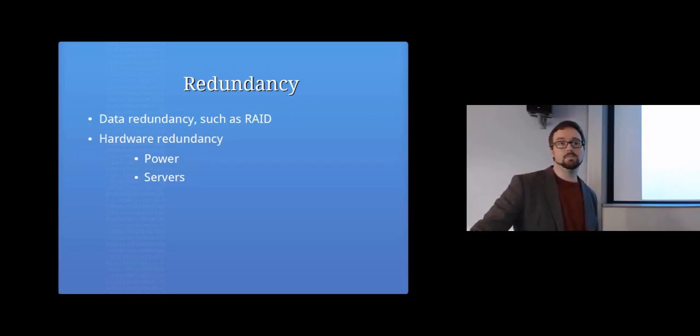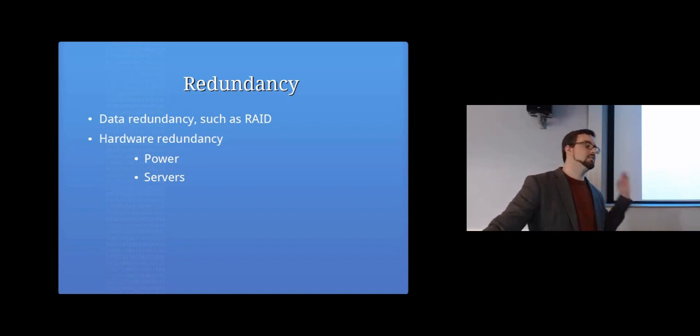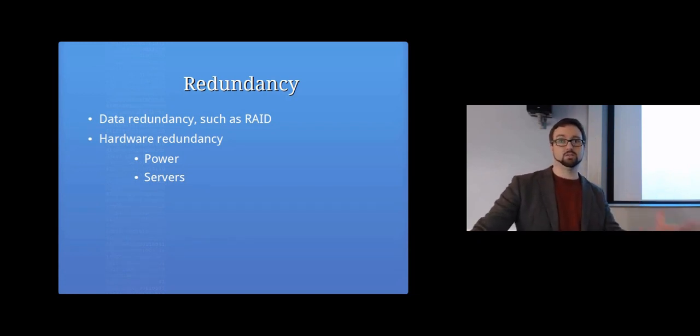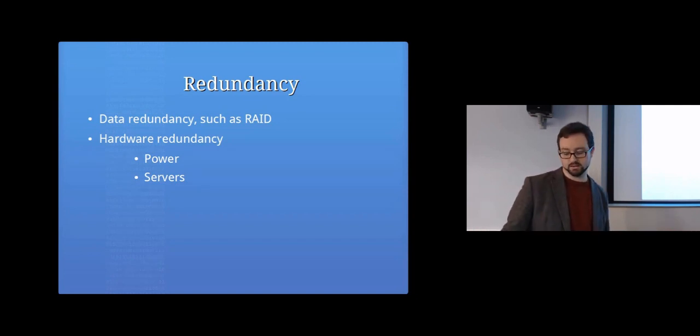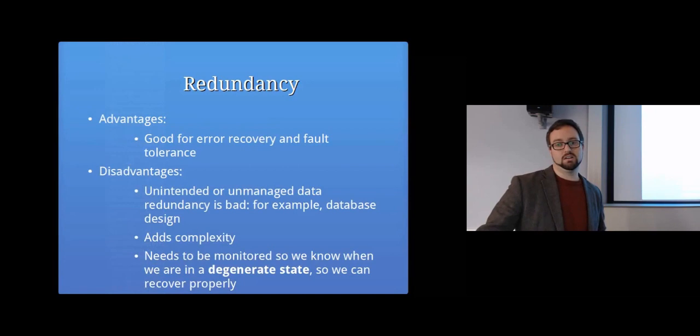We might have multiple uninterruptible power supplies connected to a computer, or just one connected to a computer, that provides a redundancy in case the electricity turns off, the computer can still stay on for 15 minutes or half an hour, however long it gives you to save all your work. And you might have multiple servers in case something wrong happens to a server and you've got another server that can continue to work. So redundancy is really good for error recovery and fault tolerance and all that sort of stuff.